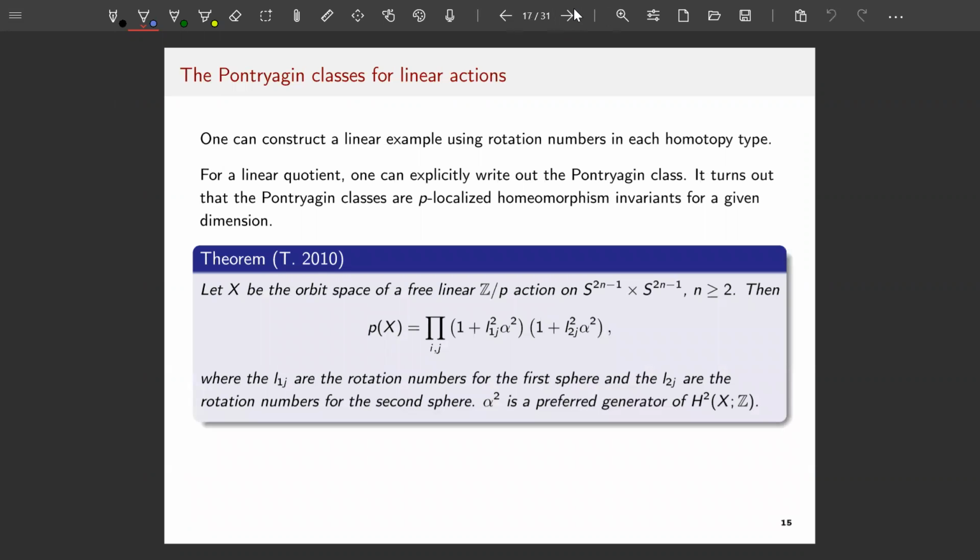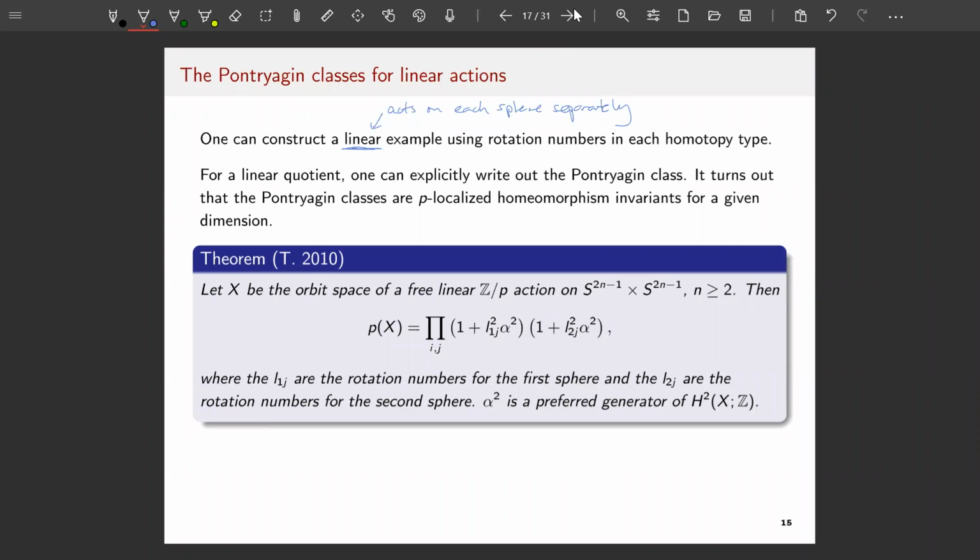Okay. You can construct linear examples. And what I mean by linear in this case is that Z mod P acts on each sphere separately. And so you can use these rotation numbers in a similar way to lens spaces and construct these linear examples.